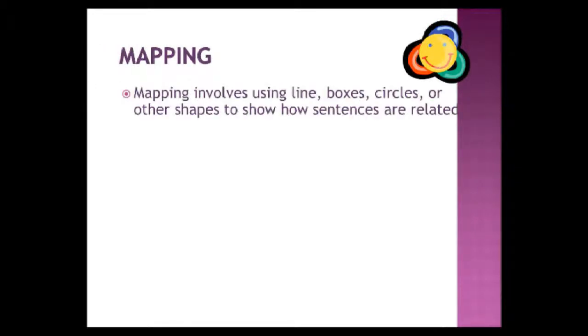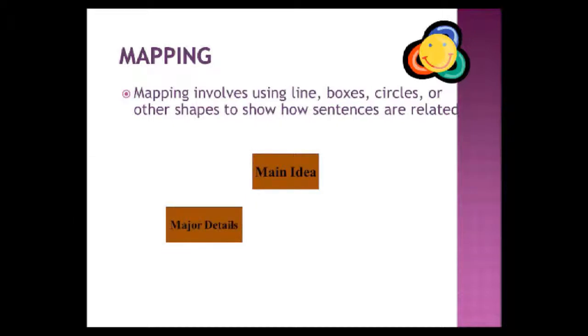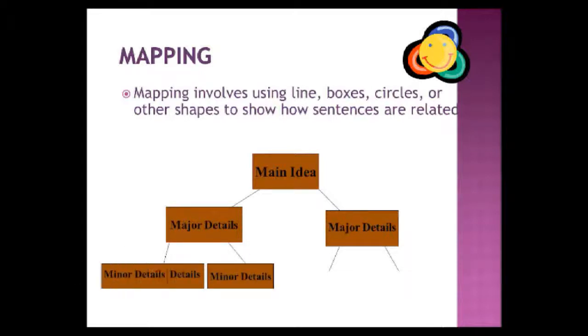Mapping, like I said, you've probably used this before as a kind of brainstorming activity. It involves when you use lines, circles, basically shapes to show how the sentences are related. And this is just a quick thing I put together to show you what it would look like if we took a paragraph and put it in mapping format.